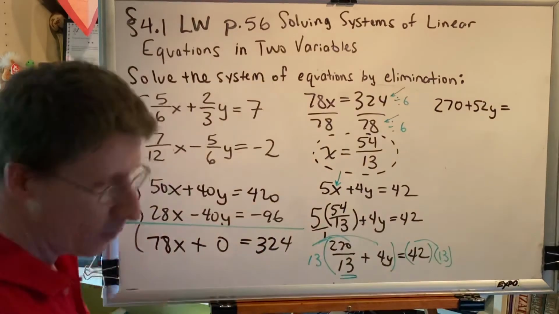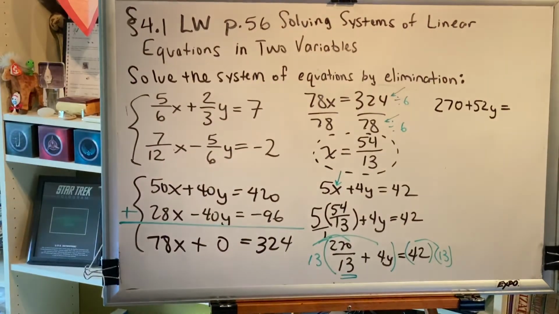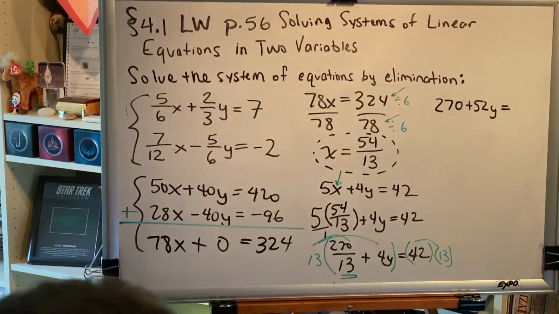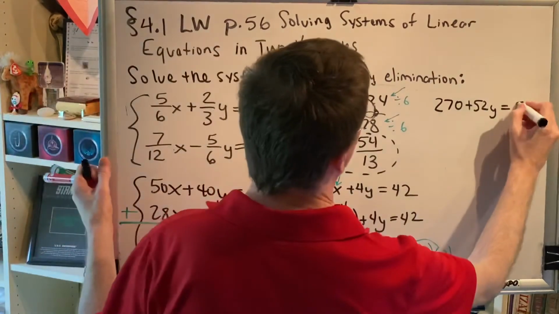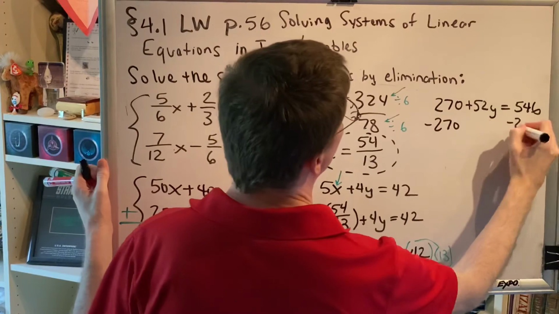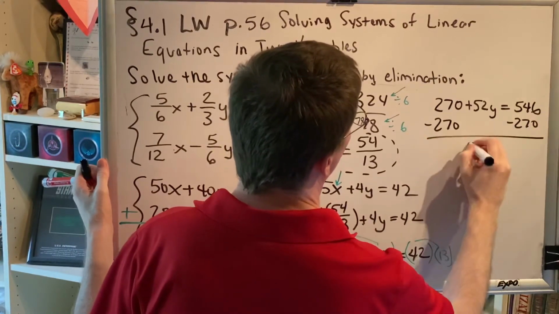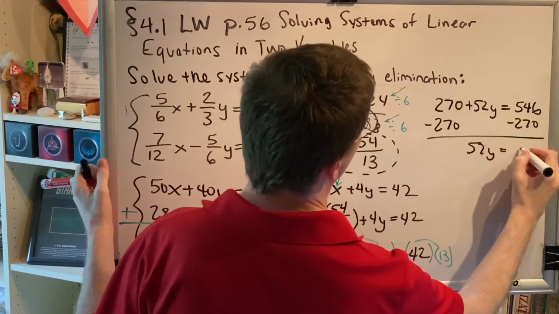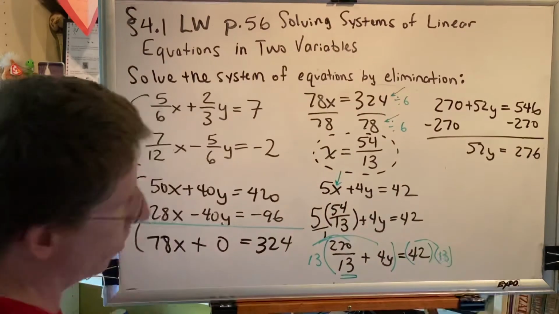And 42 times 13 is 546. Subtract 270 on both sides. 52y is equal to 276.